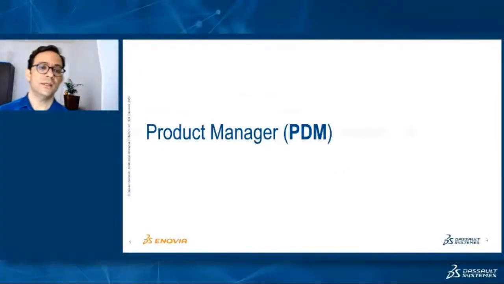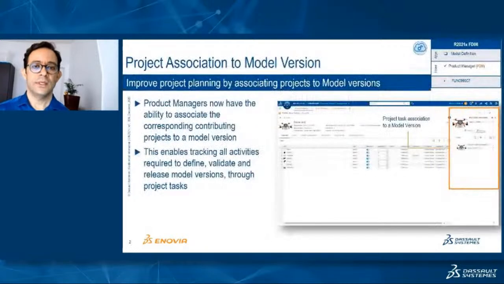There are some new interesting enhancements in Product Manager. So let's review these enhancements in this release. Let's start first with the ability to associate a project task to a model version.